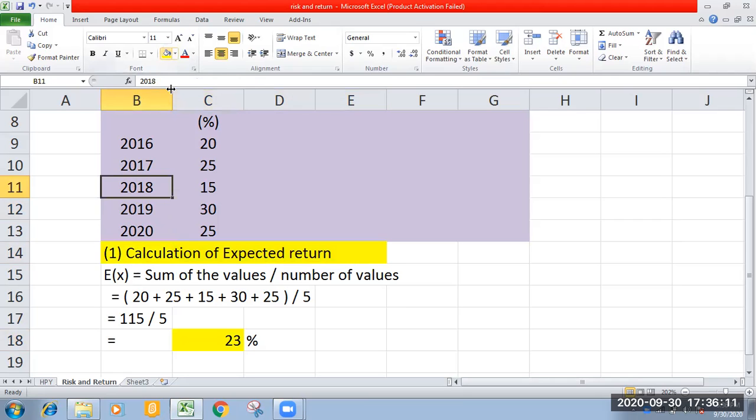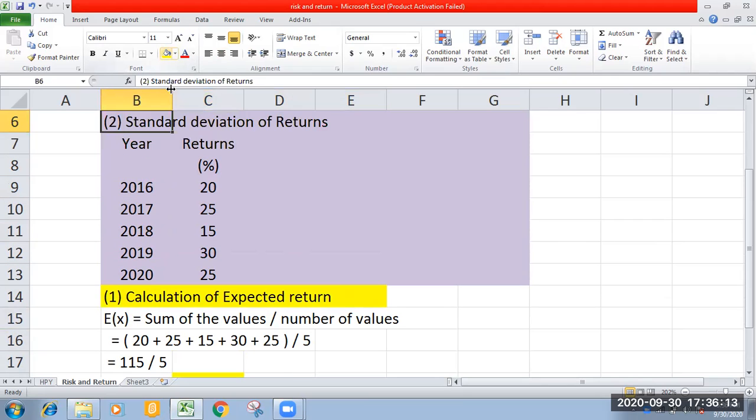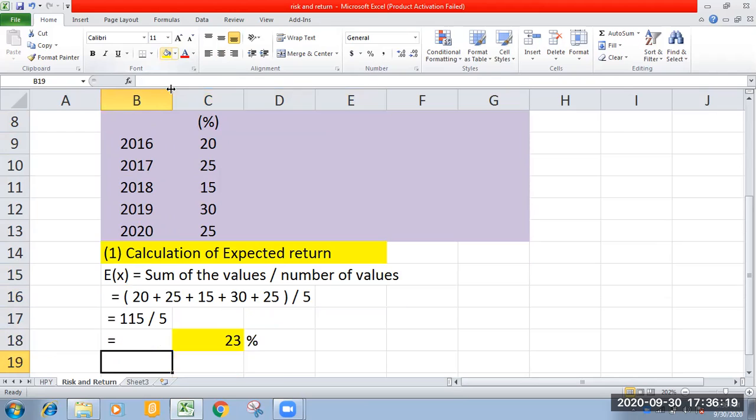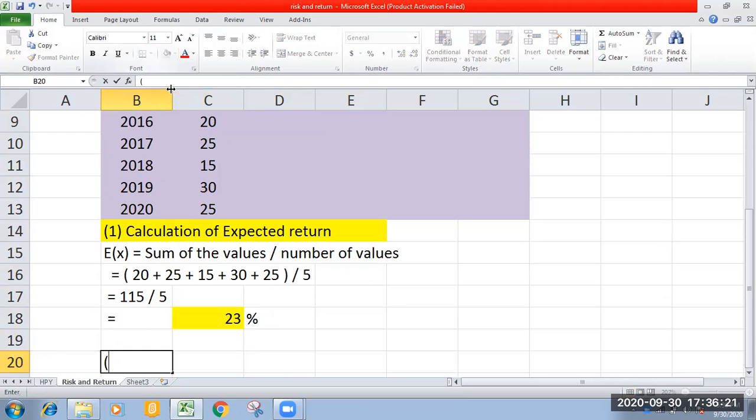Now it's time to understand how to compute the standard deviation of the returns. And in examinations, you may be directly asked to compute the risk involved in the returns. So I will write risk measurement or calculation of standard deviation.